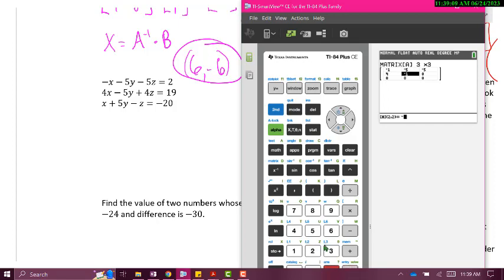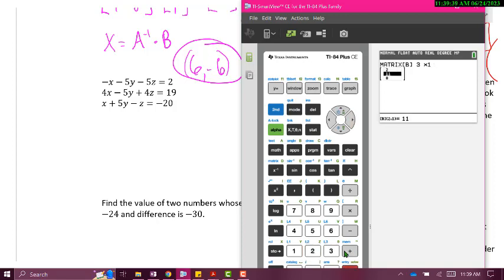Which is probably a little quicker on an actual calculator, and you get quicker as you go through this. 1, because the coefficient of x here is 1, and 5, and negative 1. So that's matrix A. Matrix B is going to be what they equal, so it's a 3 by 1 now.